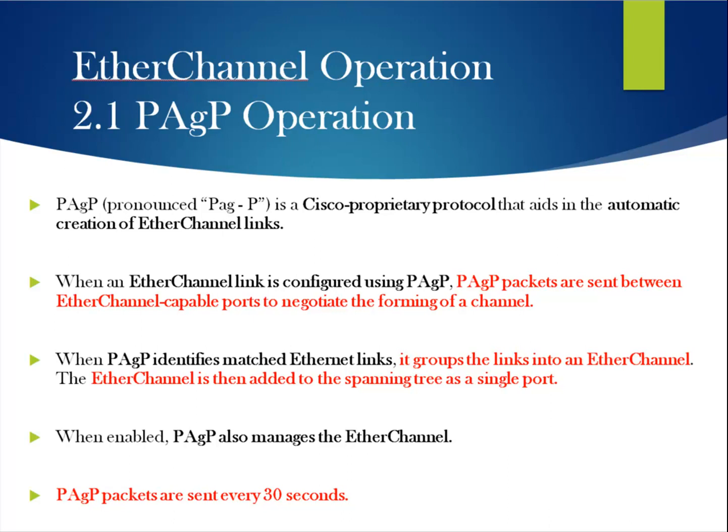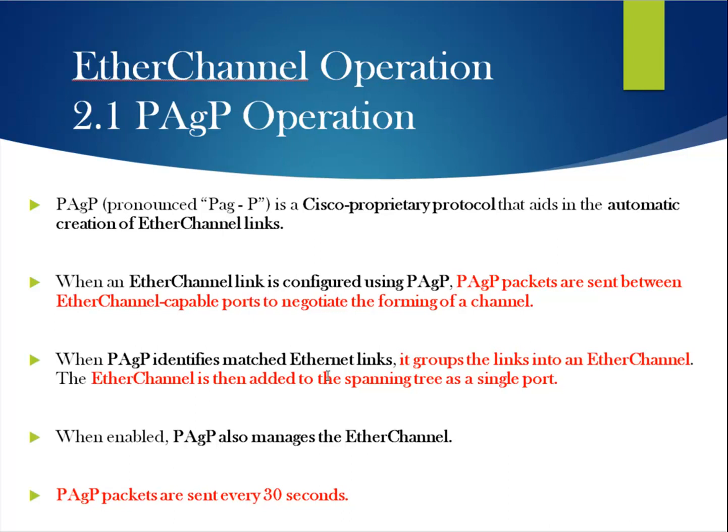If you are creating the EtherChannel and you enable PAgP, that is enough. The PAgP packets will be sent between the EtherChannel capable ports to negotiate and form the channel. These packets identify the matched Ethernet links.